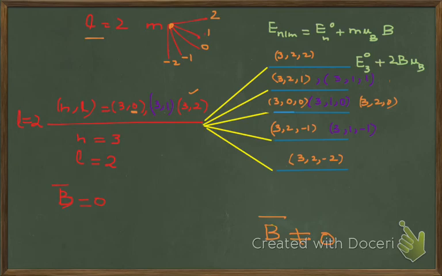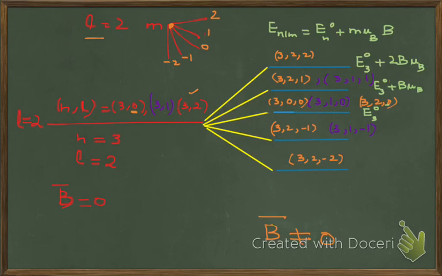For M equal to 1, we have E30 plus mu B B. Now for the third level we have M equal to 0, so there will be no splitting, and we have E30.